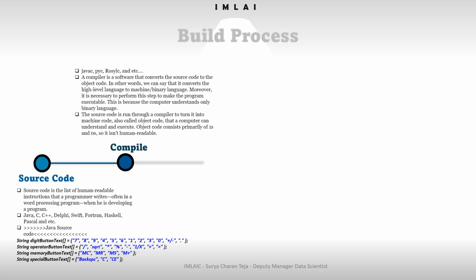Then once the code is compiled, next we will go for the tests. Unit tests are conducted by developers and test a unit of code, a module or component. Basically they test a unit of the whole code.